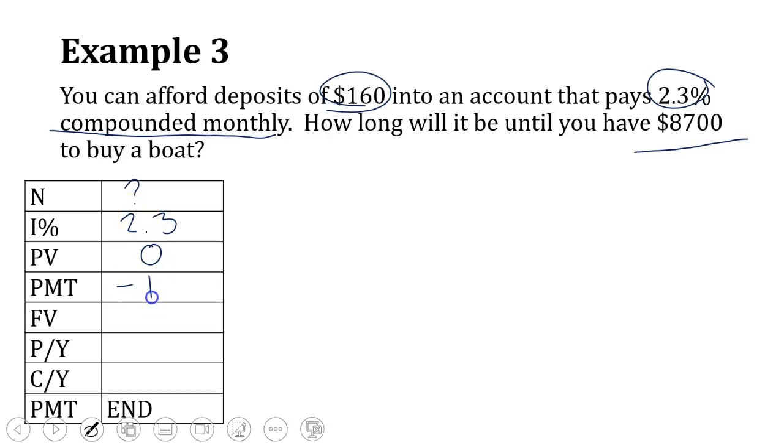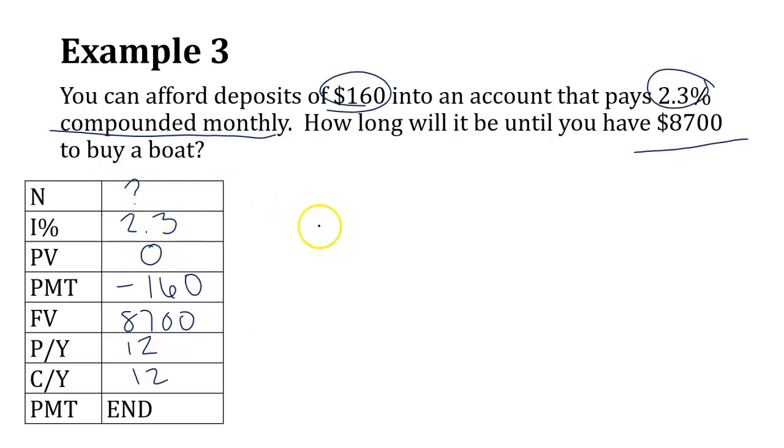What's going to be my payment? That 160. What is my future value? I know what I'm saving towards, and that's the cost of the boat. Then you make sure you put 12 and 12. When you put that into your calculator, hit Alpha Solve, and make sure your cursor is over that N, and you should get a decimal of 51 and some change.